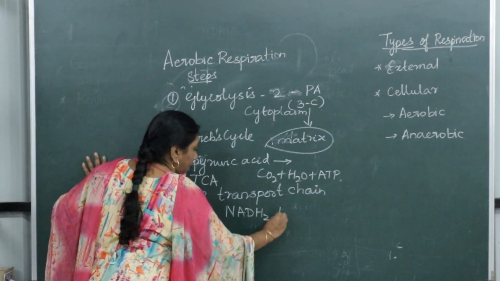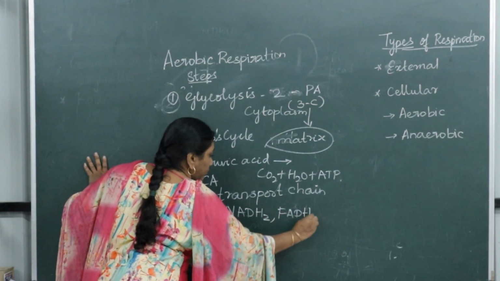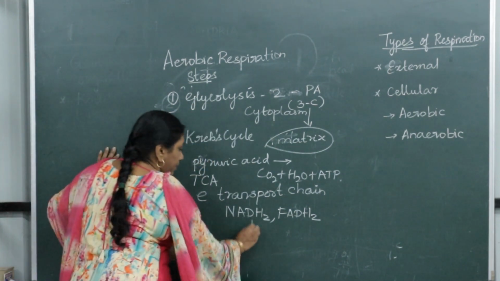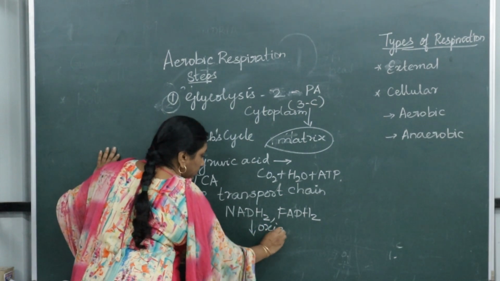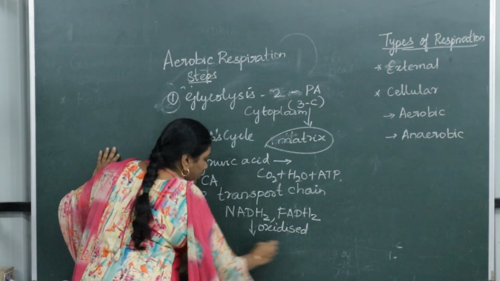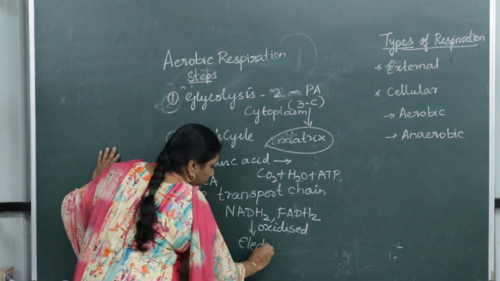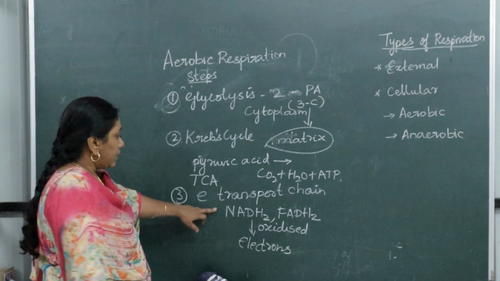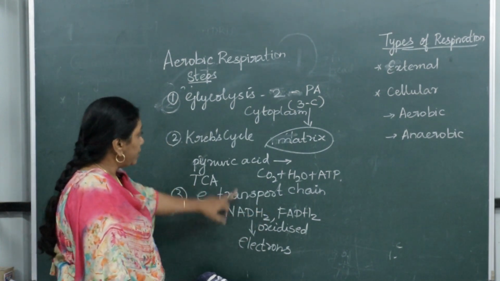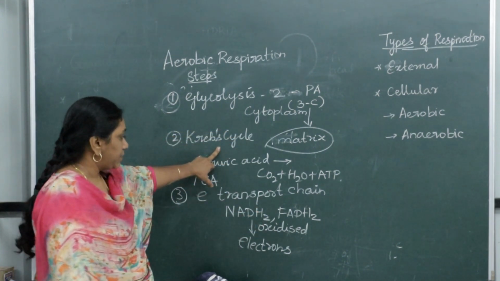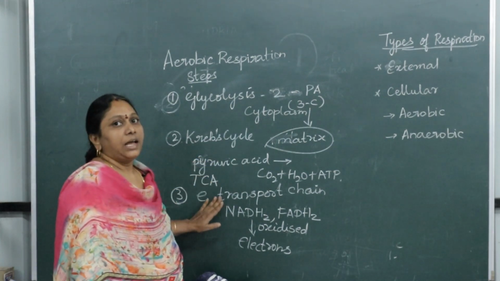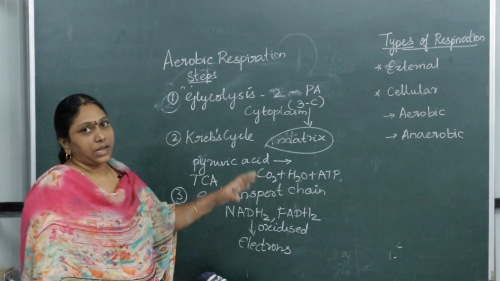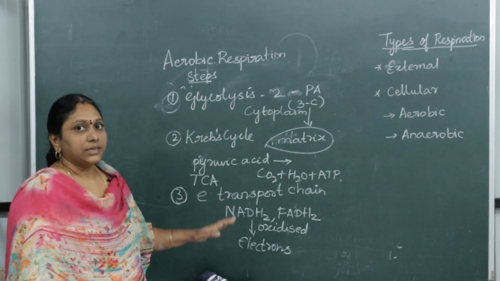Here NADH2 and FADH2 which are formed during glycolysis and Krebs cycle will be oxidized to release electrons. Their formation, along with the biomolecular structure and the enzymes involved, you will learn in your higher classes.